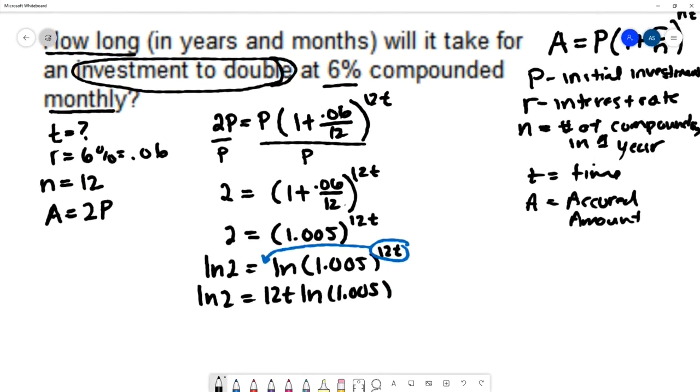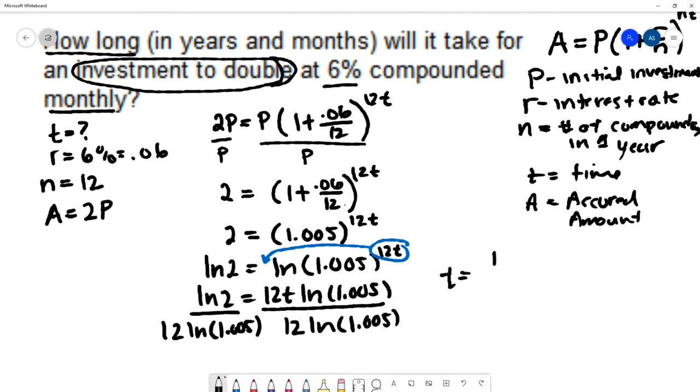And then we'll solve for T by dividing by 12 natural log of 1.005. So our value of T is natural log of 2 over 12 natural log of 1.005.